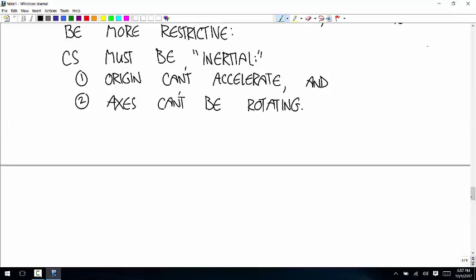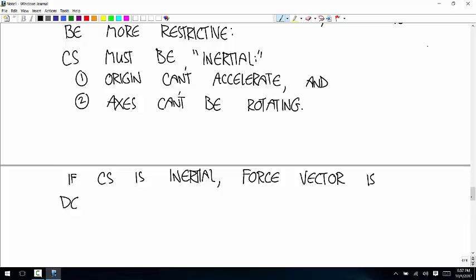But if the coordinate system is inertial, you can think of the force vector as being defined this way. The force vector is defined by Newton's second law.